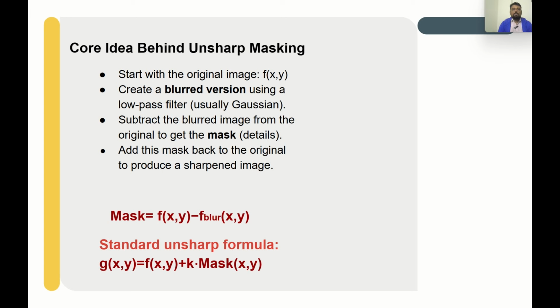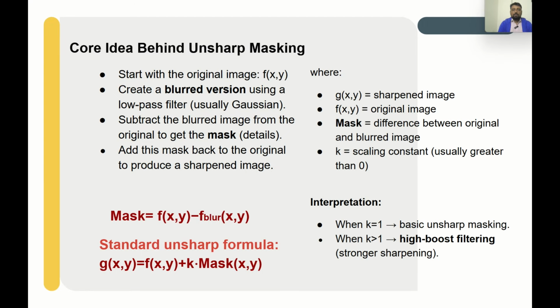The blurred version we subtract from the original image, and whatever values we get, we multiply with the k value. The k value is the high boost filtering coefficient, or you can say the scaling constant. So we multiply that and get the result.